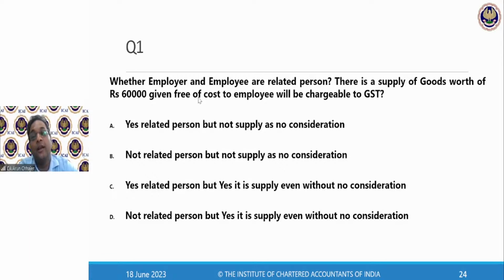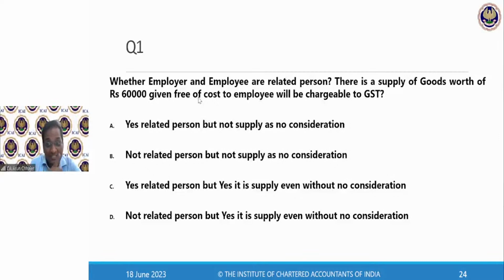It is the schedule 1. So now, actually this question is interlinked with 2 chapters. One is the value of the supply which we are discussing, and one is the supply chapter, that is schedule 1. In schedule 1, there is one para that if you are making the supply to a distinct person or a related person, even without consideration, it will be treated as supply.